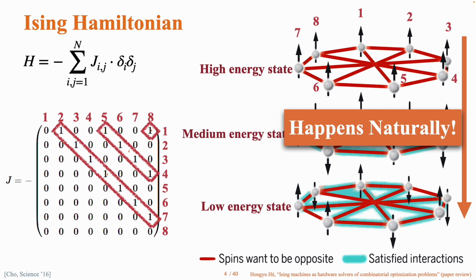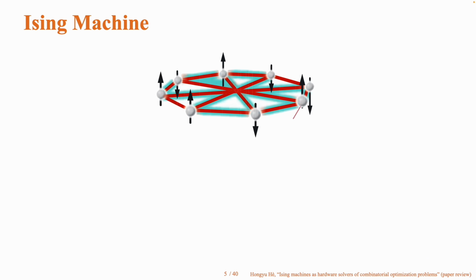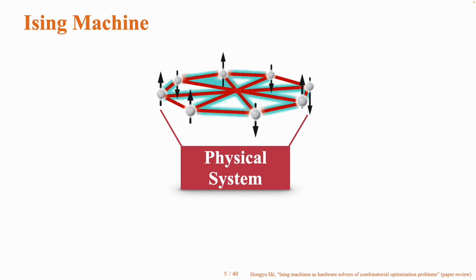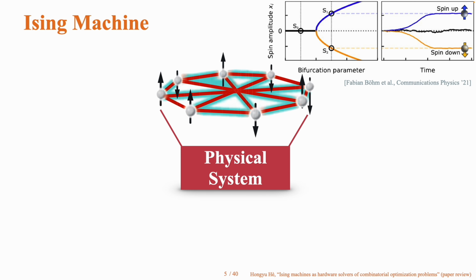And the so-called Ising machine is really centered around such a physical system where we have a natural bifurcation, so to speak, a process where each spin is going by themselves to a binary phase.